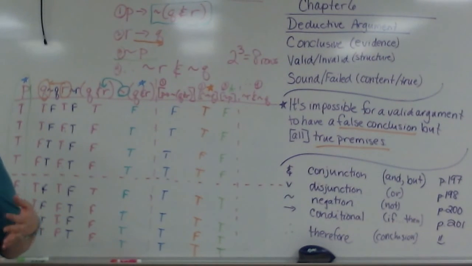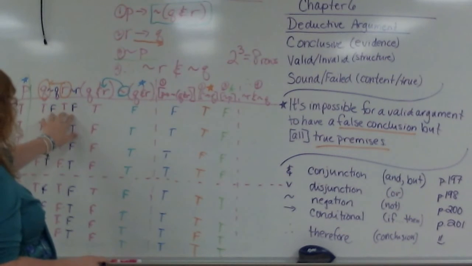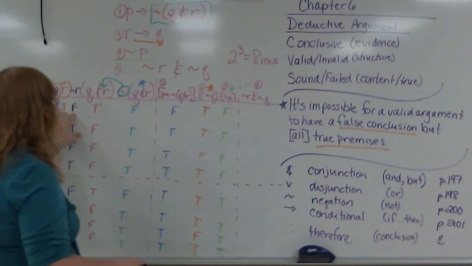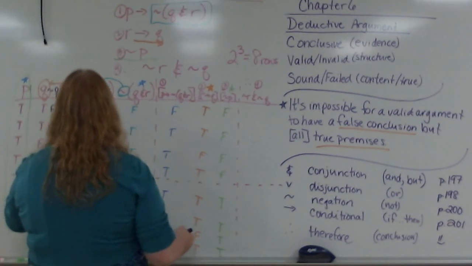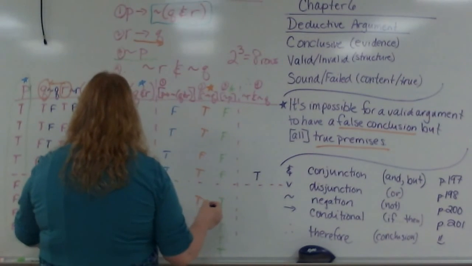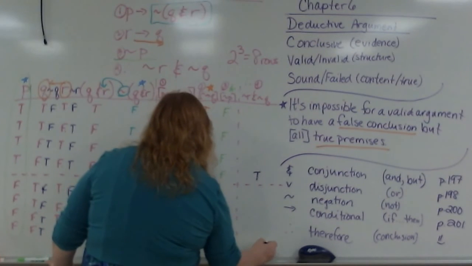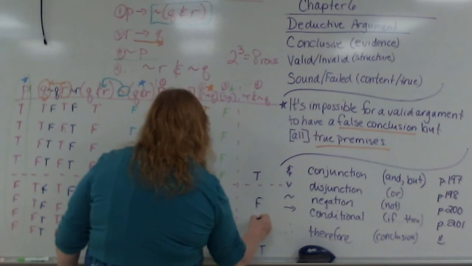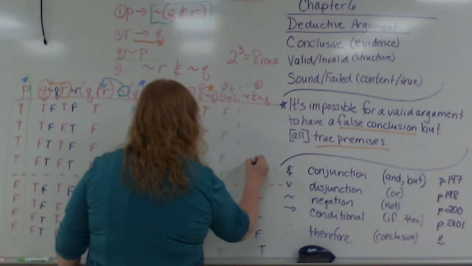So it doesn't really matter about the direction. Okay, the only one that's really directional is the conditional. So I'm going to look here at my 2 dark colors here, and every time I find one that is true and true, I'm going to mark it true. Okay, true. So all of my others are false.